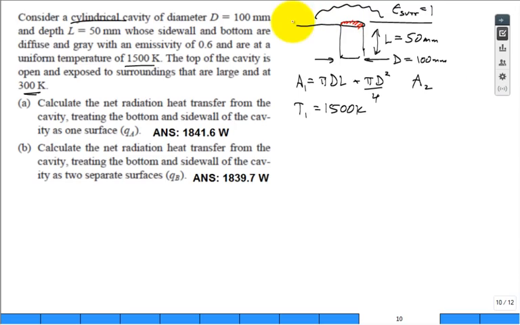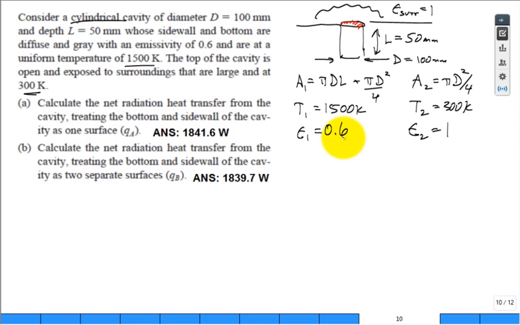And so the area 2 is pi D squared over 4, and its temperature T2 is 300 Kelvin, and it's treated, emissivity 2, as black. So every photon that comes up and strikes that imaginary lid is absorbed. Okay. And so the emissivity of the other surfaces down here is all at 0.6.